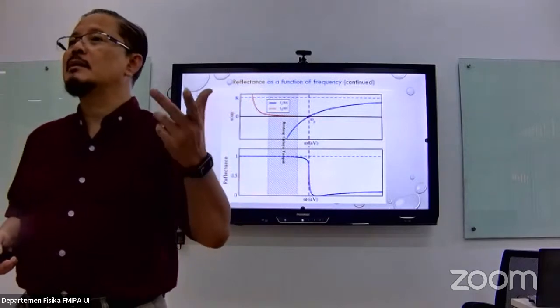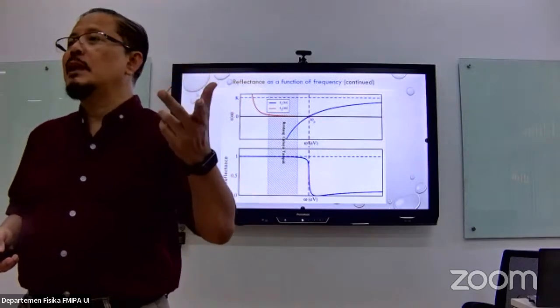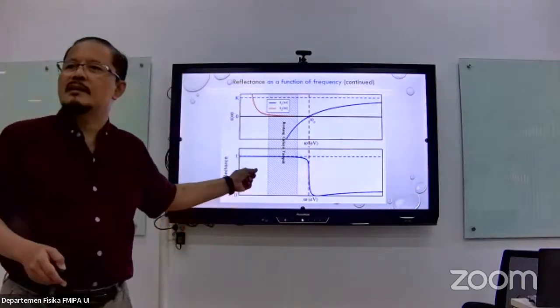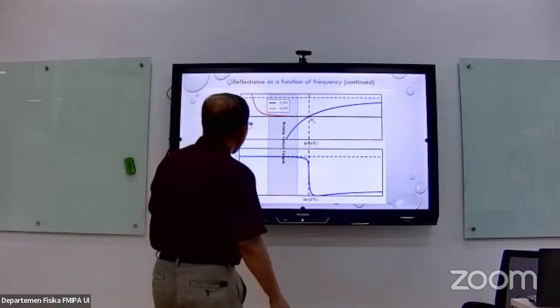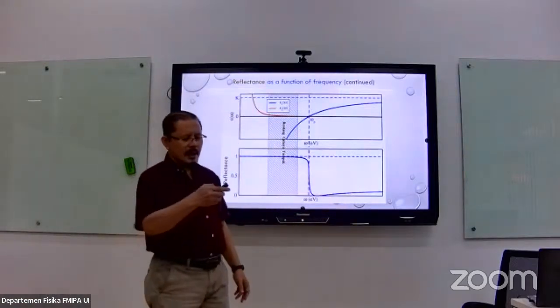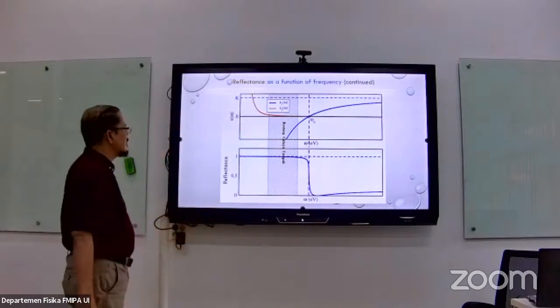The toy model here is spectacular. This is the theoretical result, or the toy model result.